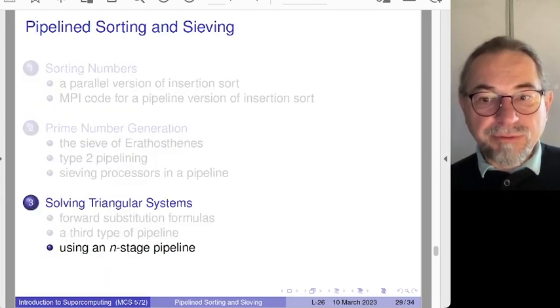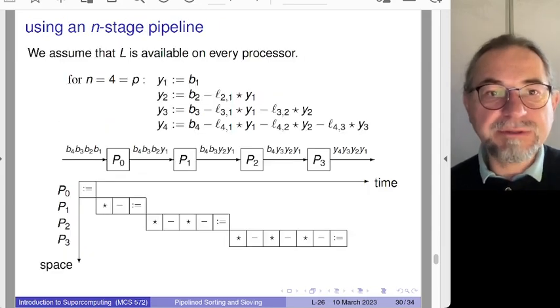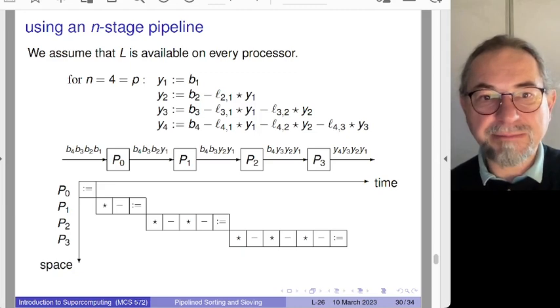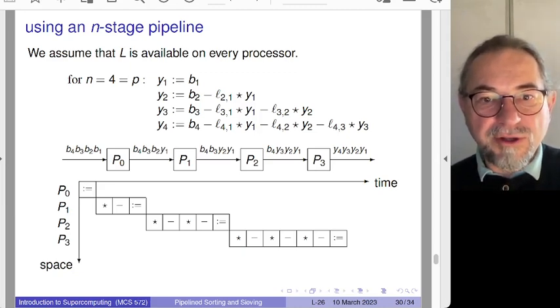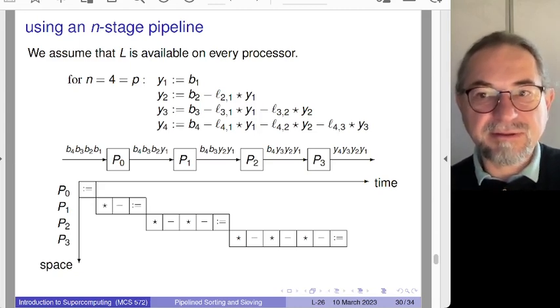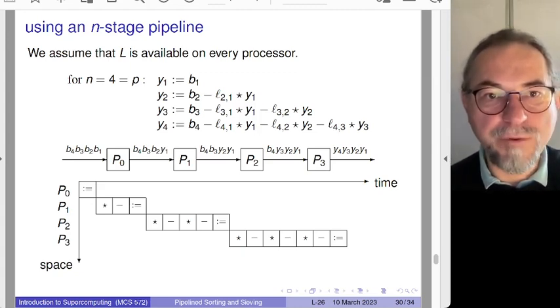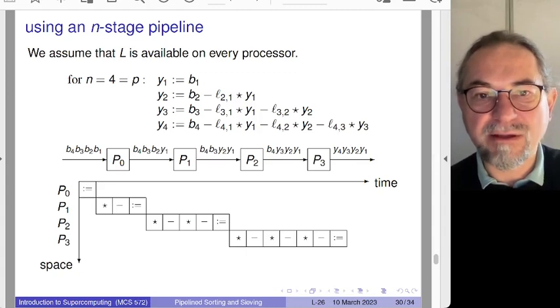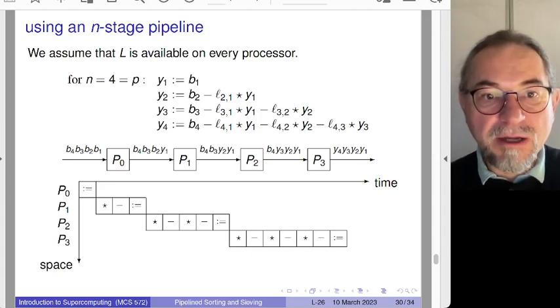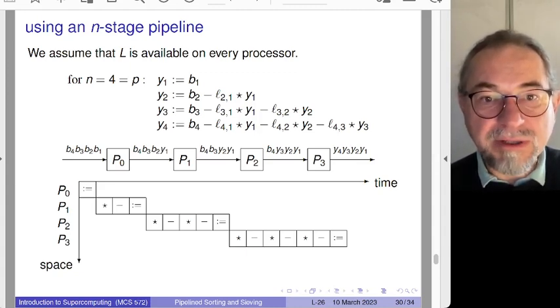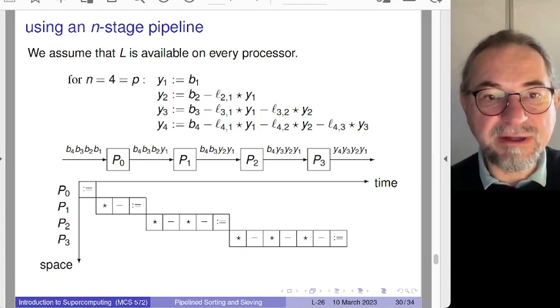Okay, so we will be using an n-stage pipeline. Here we see the n-stage pipeline. This is assuming that all the data is available, so all the coefficients, the multipliers of L, are available. What gets passed through is the updated right-hand side vector.